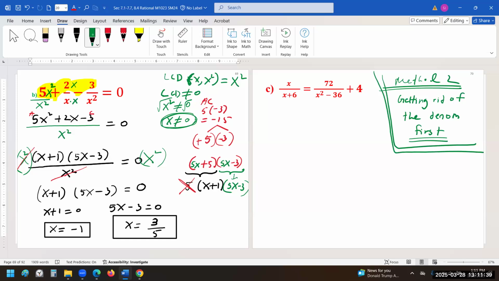Before you get to the denominator, what do you observe in the denominator? Perfect square. Not only x squared, it's a perfect square. So what are the two factors we get here? x plus 6, x minus 6.